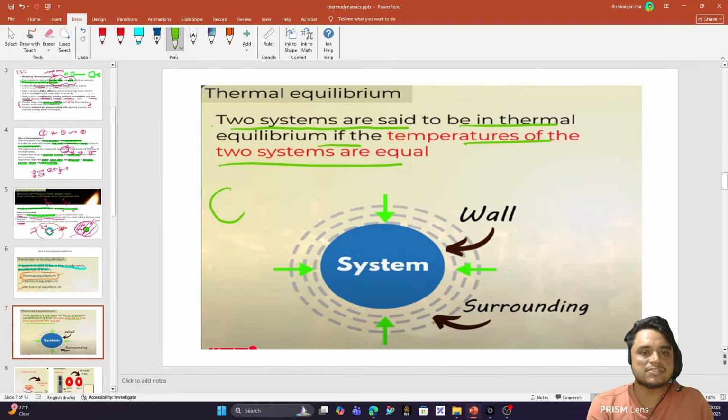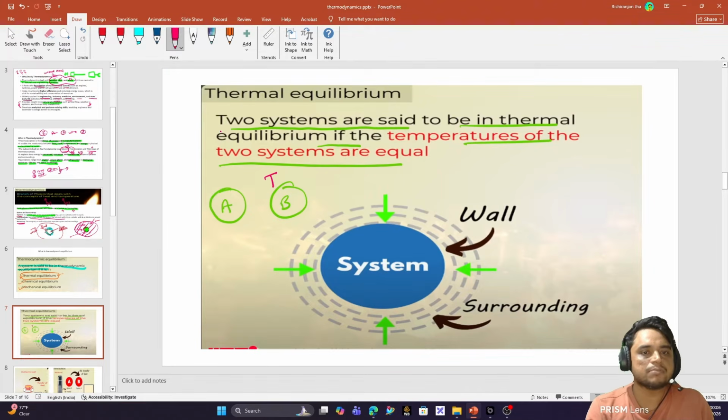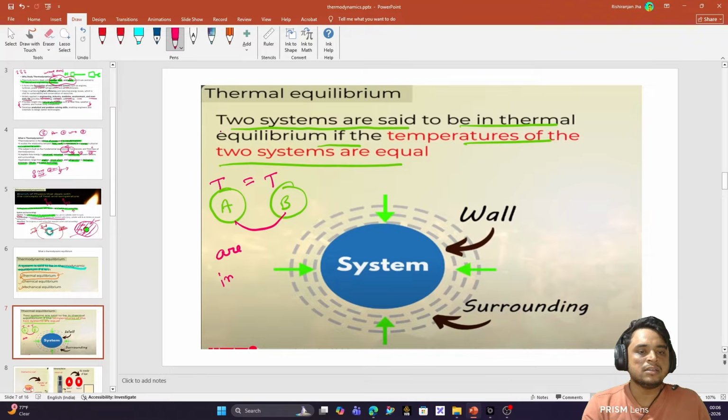Suppose I have system A and I have system B. If both of them have the same temperature, we can say that the two systems are in thermal equilibrium.